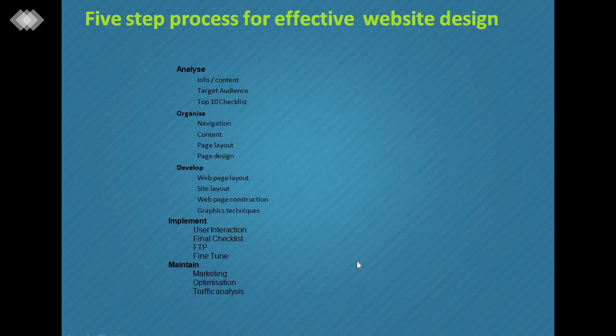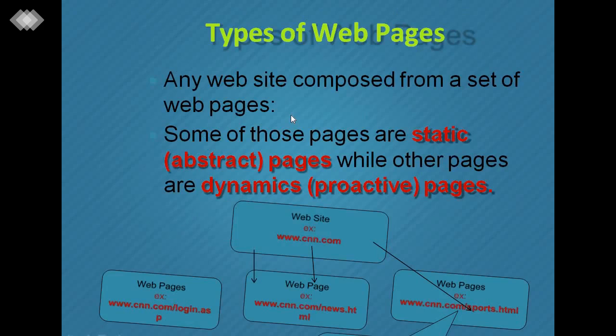And these are the 5 steps for designing a website: analysis, organize, develop, implement, maintenance, and these steps follow some different subcategories which are helpful for your website design. Now in the next slide we have covered some types of web pages.